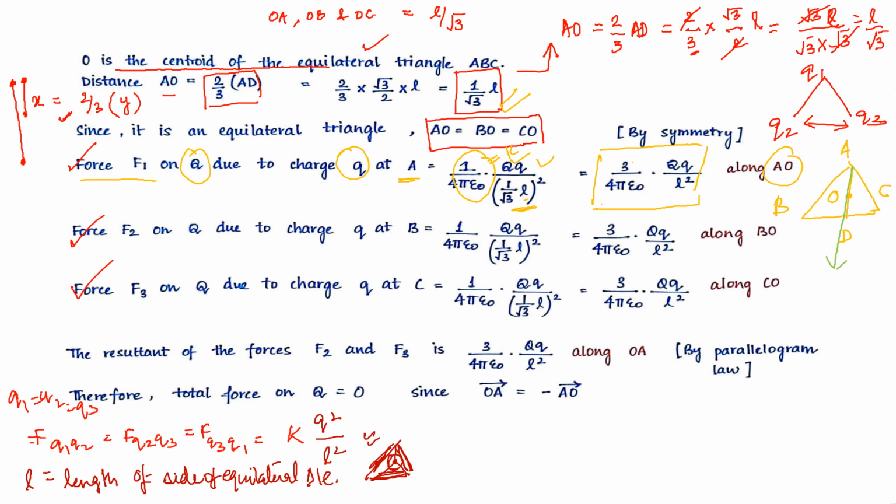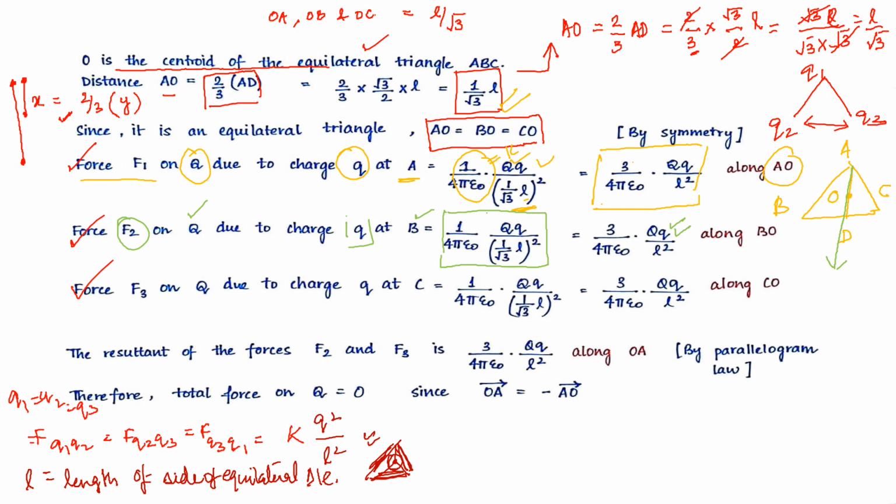Second statement, F2 on capital Q due to small q, which is present at B, is given by 1 by 4 pi epsilon naught into capital Q into small q divided by 1 by under root 3 into L, the whole square. We will get the same expression, but there will be a change in direction.